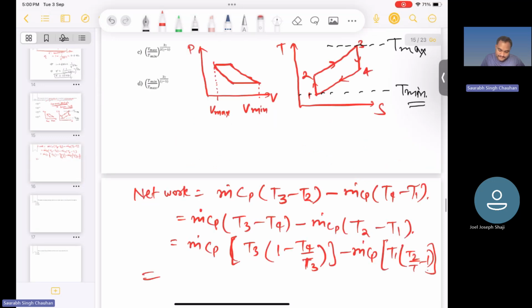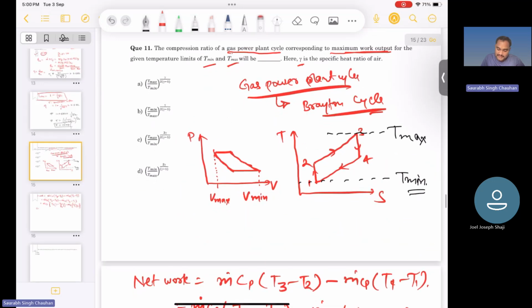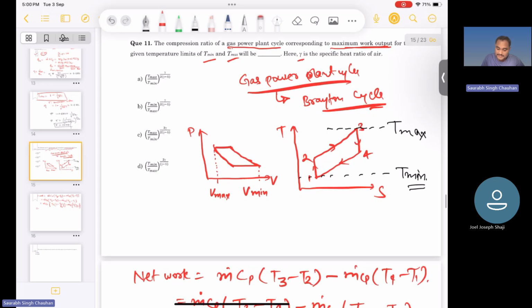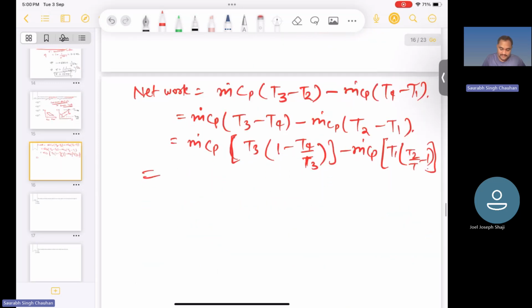Now what we have? We have T min and T max and gamma we have. Okay, gamma is specific heat ratio. 1 to 2, it is isentropic compression. So you can use the relation for isentropic expansion or compression, adiabatic process.